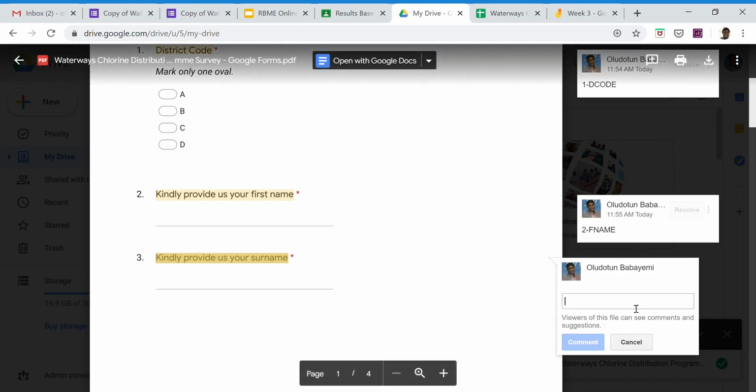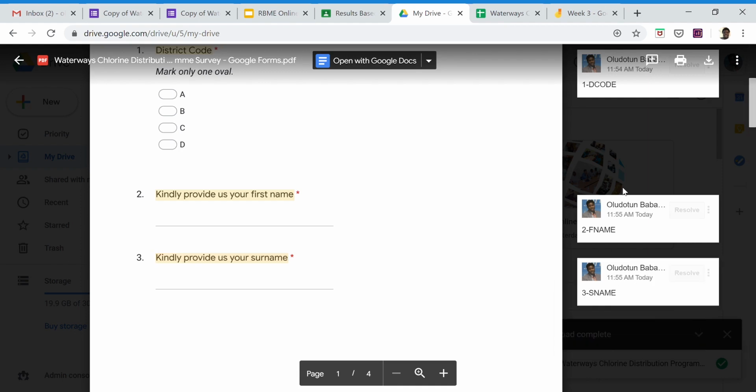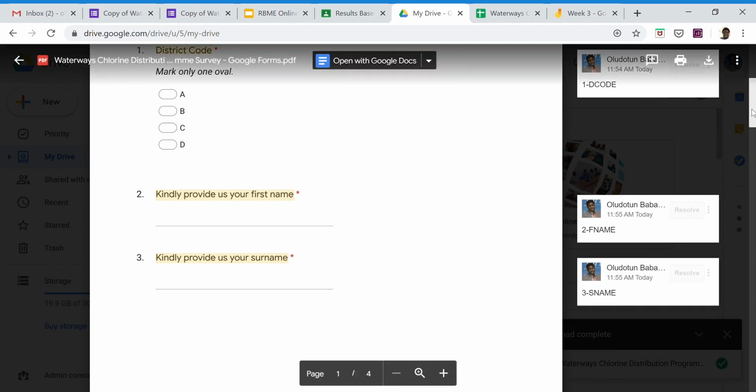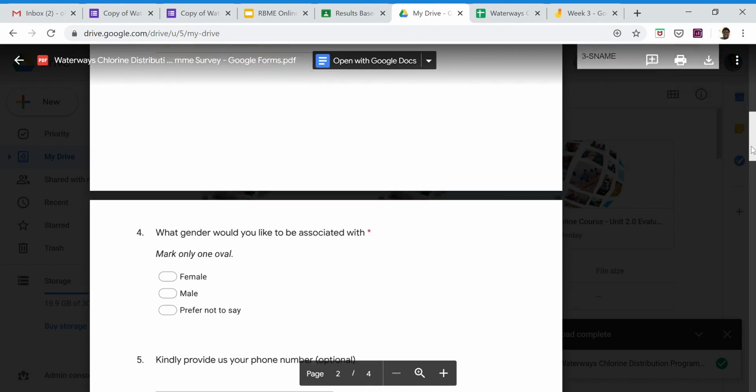Comment. That's question 3, and I put it as f name, s name rather. So just something for me to be able to identify each. If I had a notepad, I would have loved to just put them on notepads, and that's how you can do it.